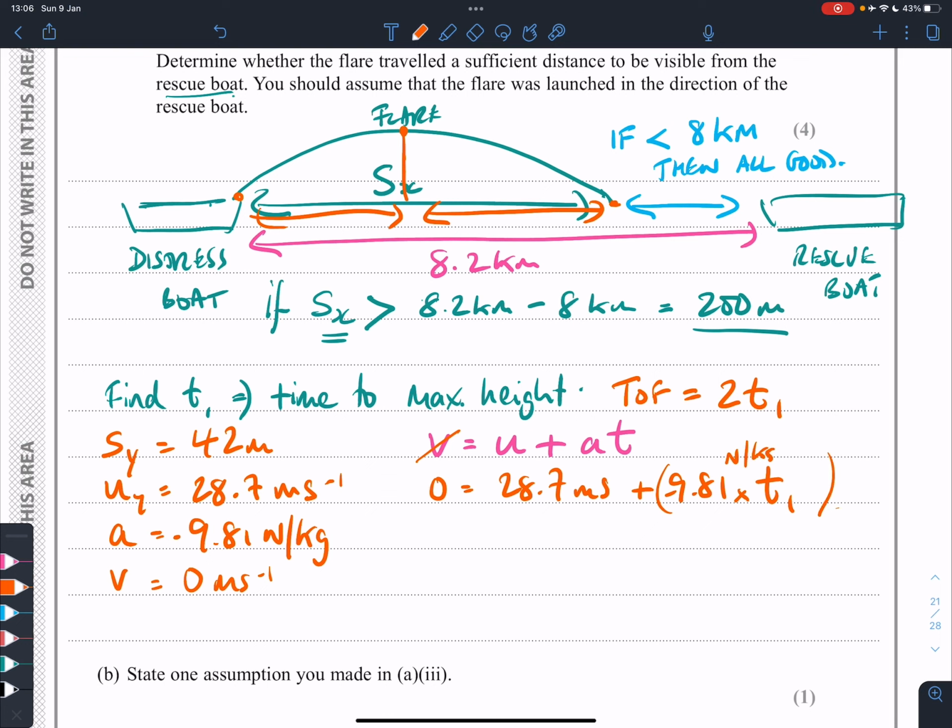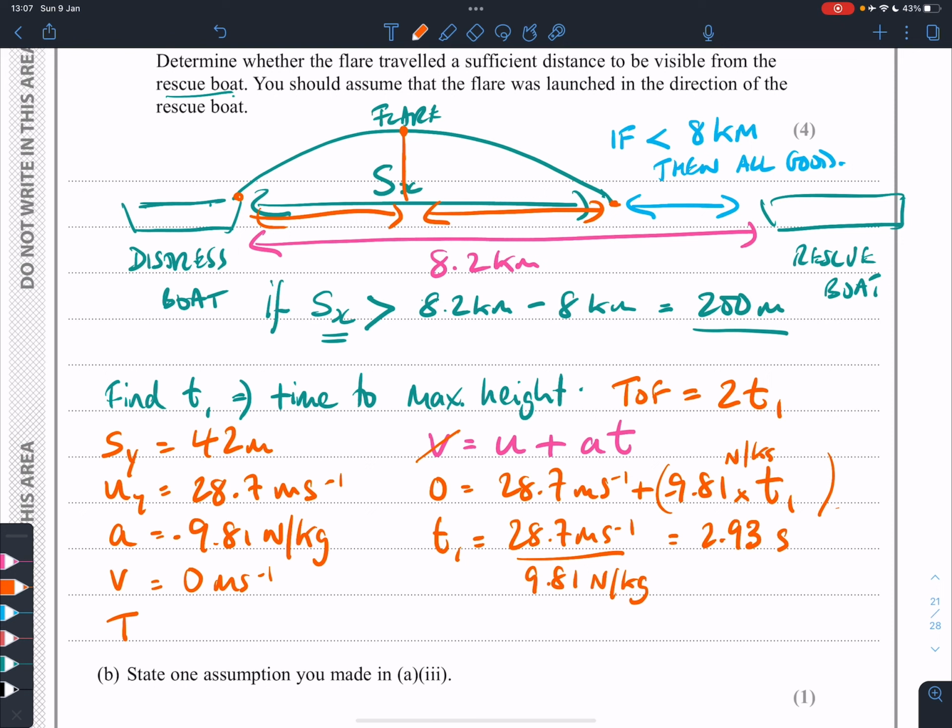And what we can do then is t1 is equal to 28.7 meters per second divided by 9.81 newtons per kilogram, which equals 2.93 seconds.